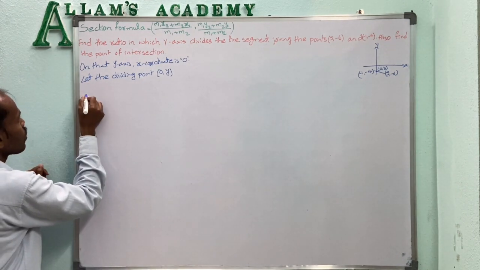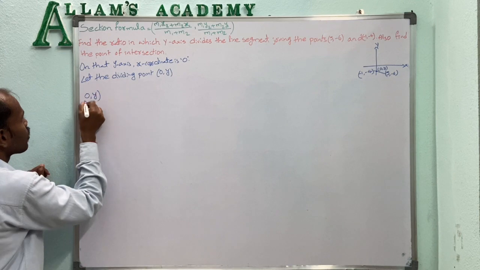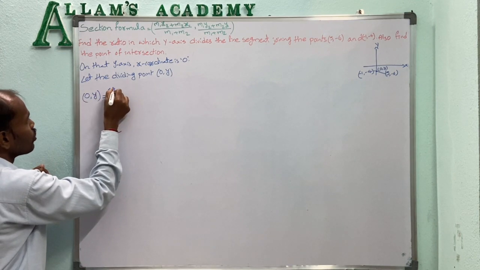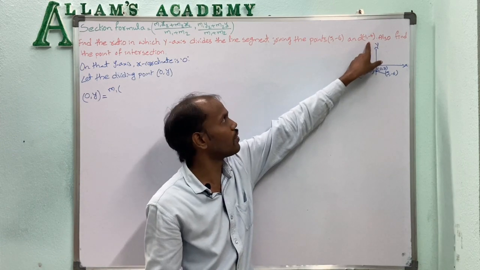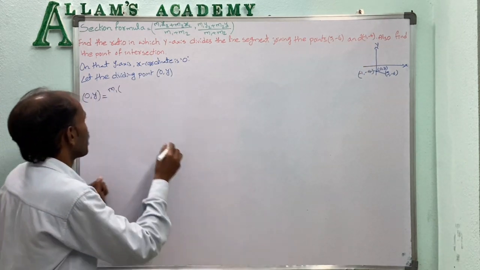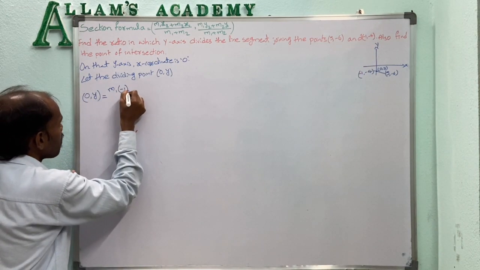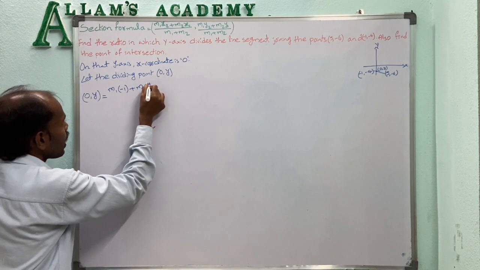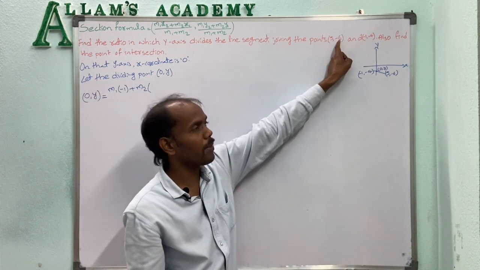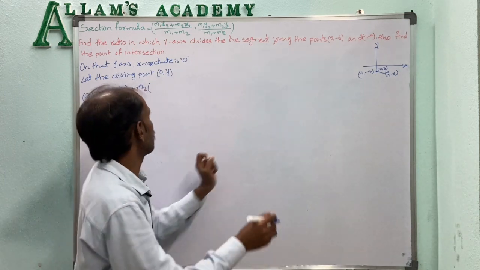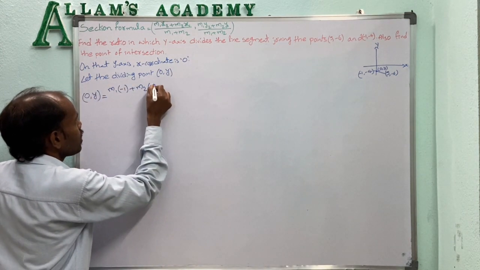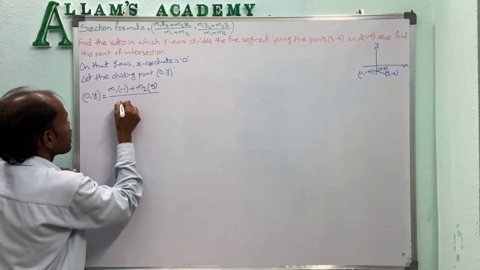So here 0 comma y is equal to m1 x2. So m1 into the second point, which we take as x2 y2, that is minus 1 for x2, plus m2 into the first point 5 comma minus 6, which we take as x1 y1, so x1 is 5, by m1 plus m2.